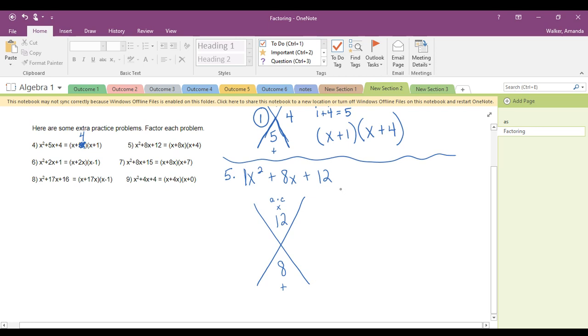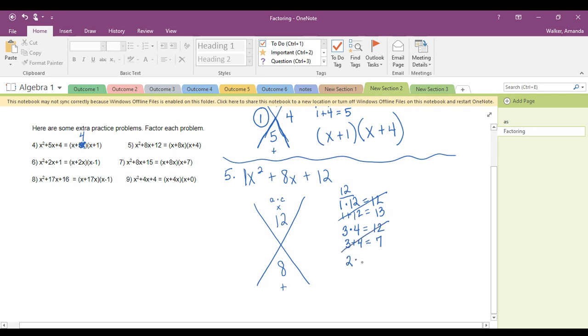So if we come over here, we can say, all right, what are my factors of 12? Well, 1 times 12 is 12, but is 1 plus 12 8? It's 13, so this is not going to work. Then I can say, okay, 3 times 4. Well, 3 times 4 is 12, but 3 plus 4 is 7, so that one's not going to work.